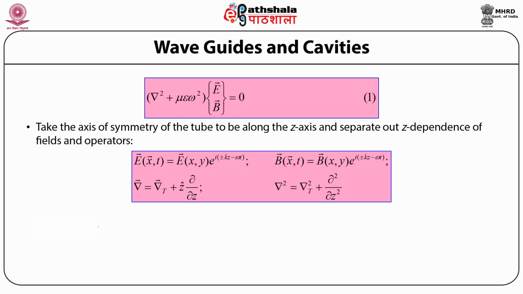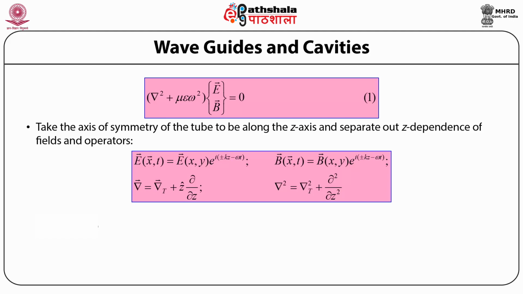The magnetic field induction vector B as a function of position vector x and time t is equal to the magnetic field induction vector B as a function of coordinate x and coordinate y, times e to the power i (plus or minus kz minus omega t).